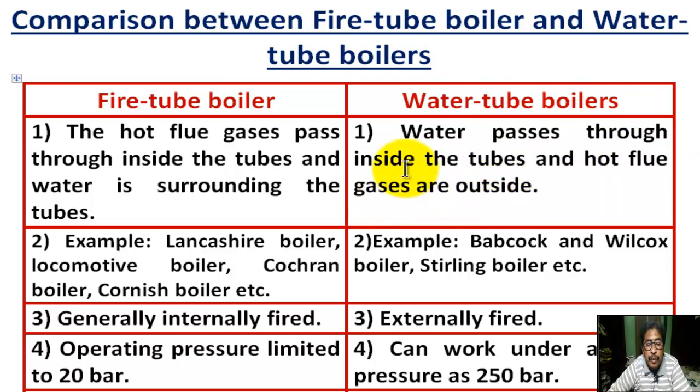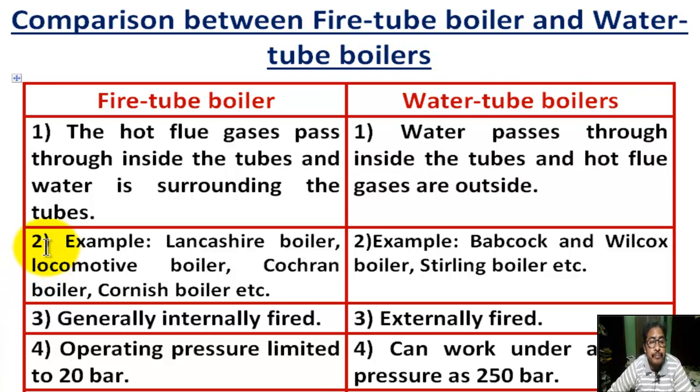That means water tube boilers are those boilers in which water flows through a number of tubes called water tubes, and the hot gases produced by the conversion of fuel in the boiler furnace, while on their way to chimney, pass around the water tube. Okay.